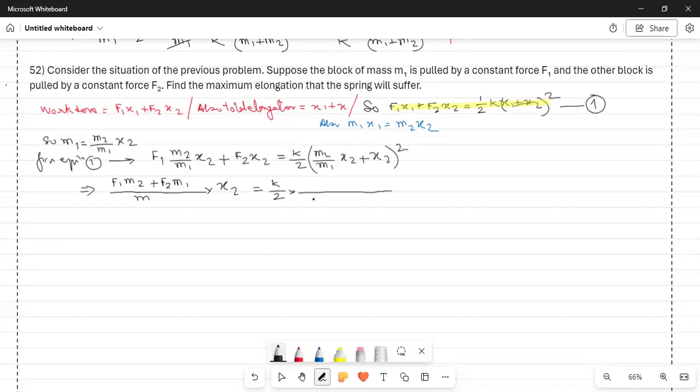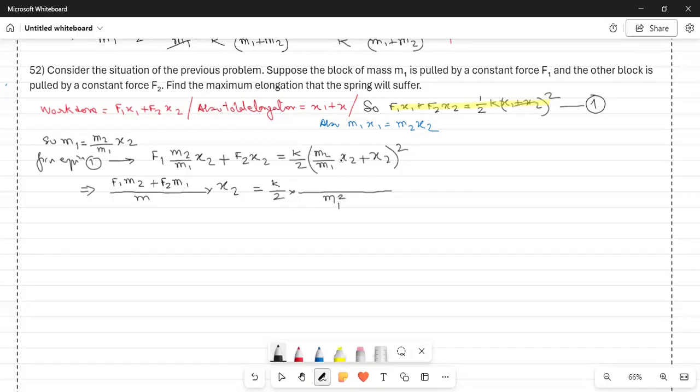Once again, we have m1 in the denominator; this will be squared, m1 squared.